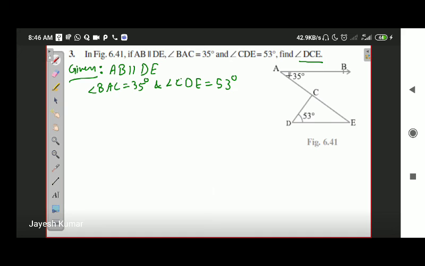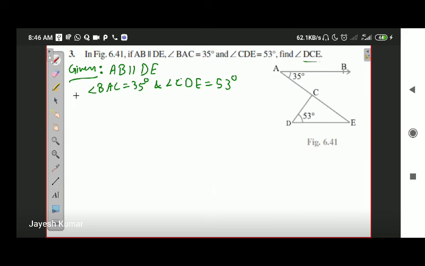First of all, we will only talk about the figure BADEB. This angle is 35. Can you guess the value of this angle? Yes, this will also be 35 degrees because alternate interior angles are equal.